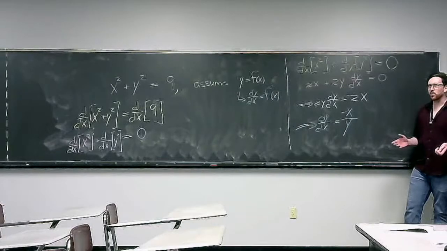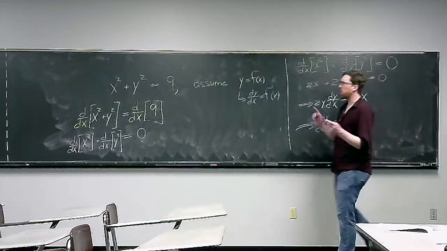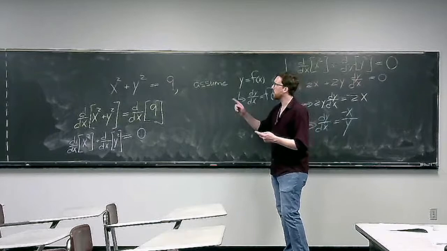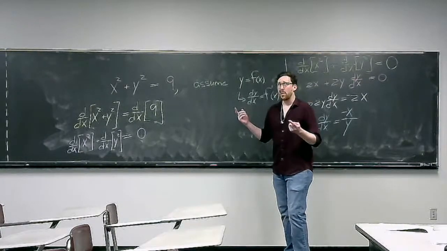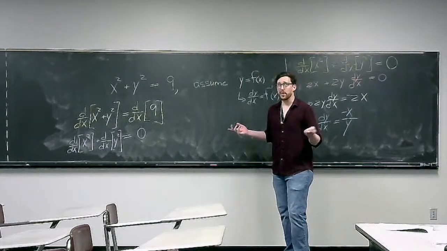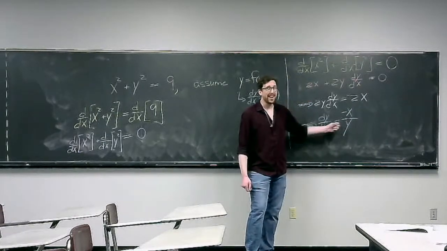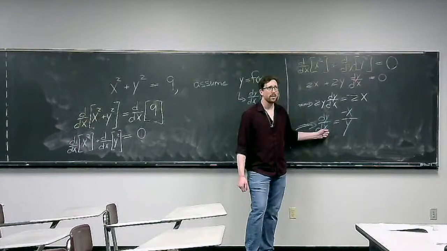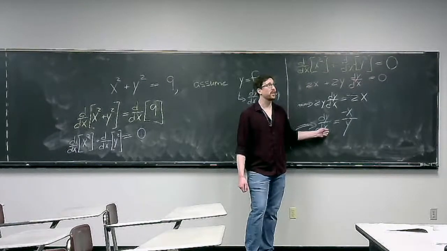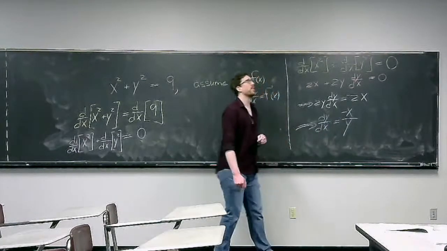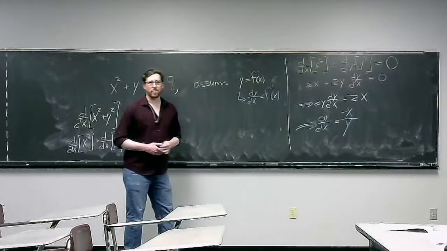That means if I want to know the derivative of the equation x squared plus y squared equal to 9 at a particular point, all I need to know is what that point is. And I can plug in x and I can plug in y and get that derivative back. That's really nice. Unbelievably convenient.